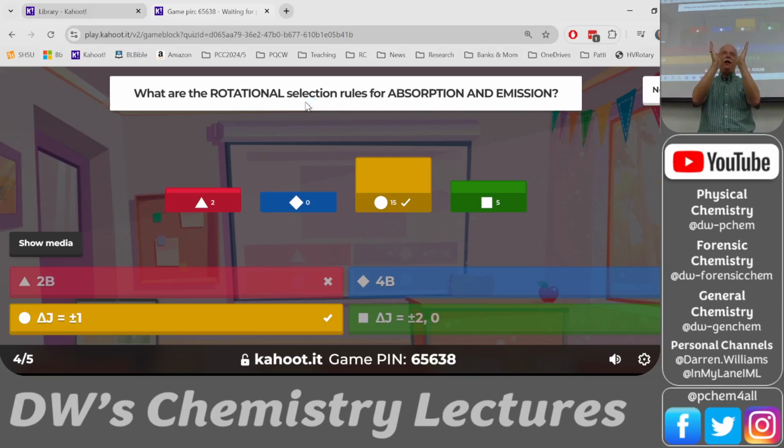But when we add anharmonicity, what happens? It breaks the symmetry and all of them. Delta V equals plus or minus 1, plus or minus 2, plus or minus 3, plus or minus 4. Because of anharmonicity, it's not a symmetric harmonic oscillator anymore. And now for rotational motion, we can use the angular momentum argument that it's just plus or minus 1 only for pure absorption and emission.